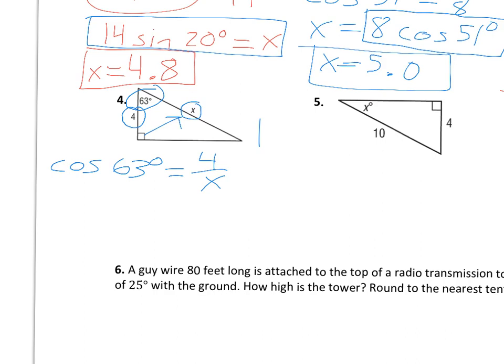We can do two steps in one. The x multiplies to the left side, and then the cosine 63 gets divided to the other side. So 4 divided by cosine 63 is 8.8.